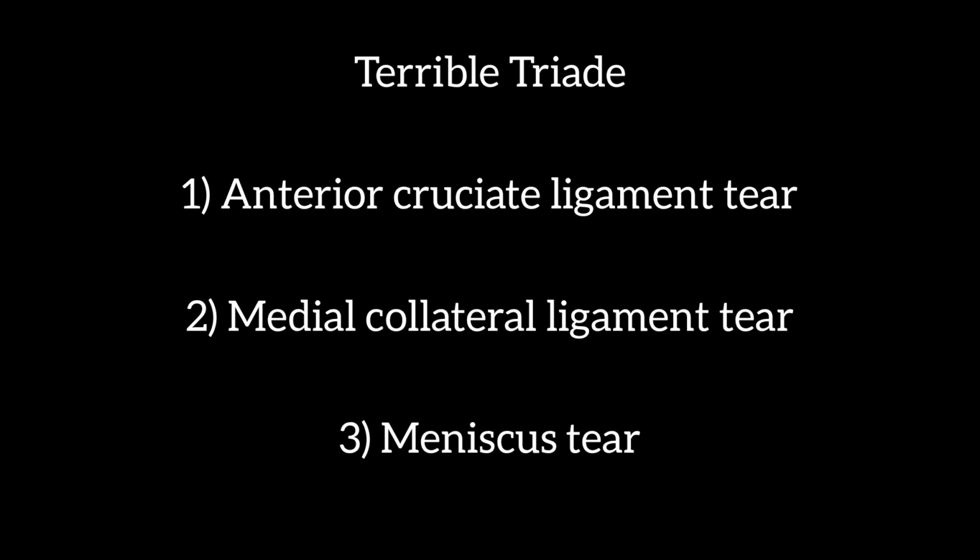What are these injuries? The anterior cruciate ligament tear plus medial collateral ligament tear with meniscus tear. We say this is the terrible triad, which is caused by high force or high energy.